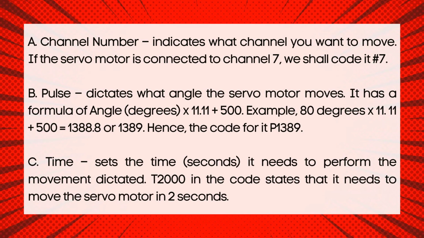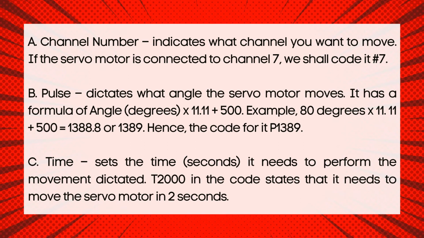Next is the time. Of course, you need to set the time. So, for example, T2000 means that the movement will last for 2 seconds. So, that's how our serial programming works for the automation of our robot arm, or how our robot arm will perform automation.